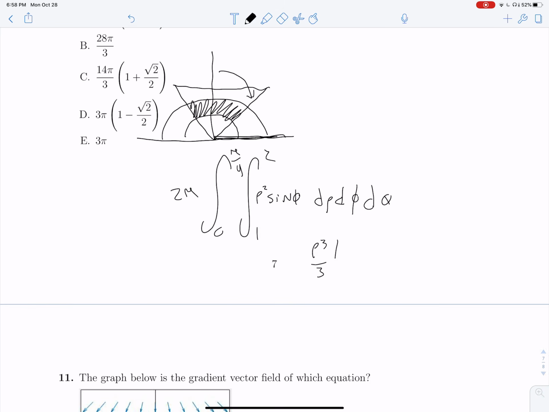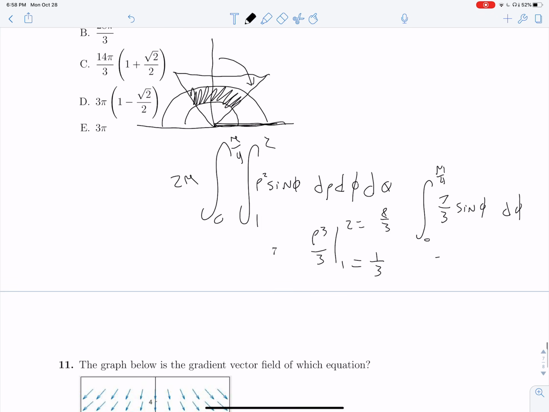So rho cubed over 3 evaluated on 1 and 2 is going to be 8 over 3 minus 1 over 3. So 7/3 sine phi evaluated on 0 to pi over 4 d phi is going to be negative 7 over 3 cosine phi evaluated on 0 to pi over 4, which is going to be negative 7 over 3 times root 2 over 2 minus 1.